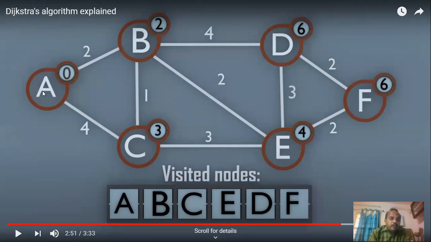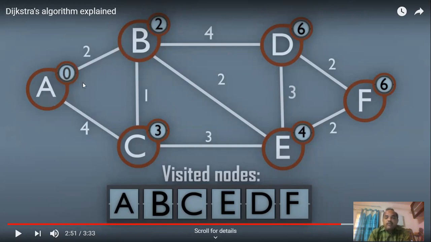Then you're starting from A. So what are the outgoing edges? Two edges are there, and those two are weighted edges. The A to B edge weight is 2. Then the A to C weight is 4. We can compare. So which is the least?